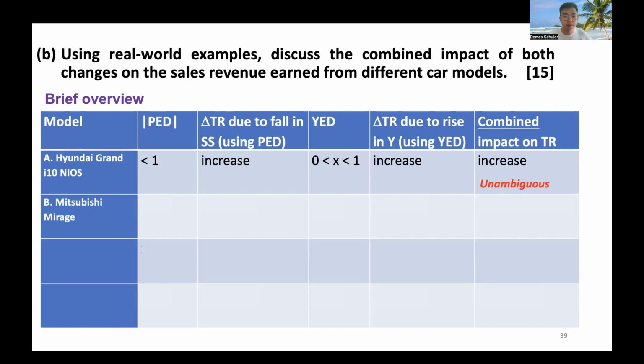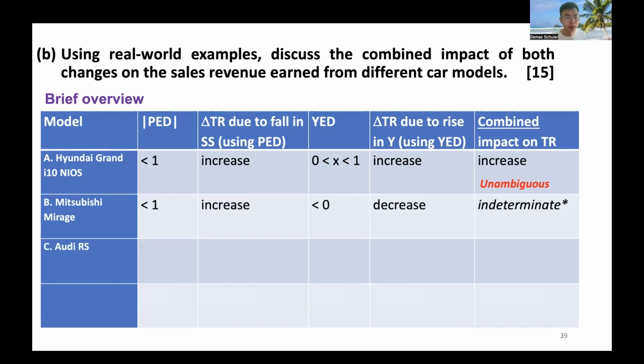For Model B, Mitsubishi Mirage, again PED is less than 1 in magnitude, and therefore total revenue will be rising, in an isolated analysis. Another isolated analysis: YED is less than 0, meaning it's considered an inferior product, so total revenue would decrease, and the combined impact on total revenue would be indeterminate.